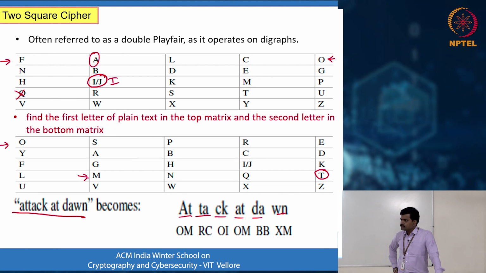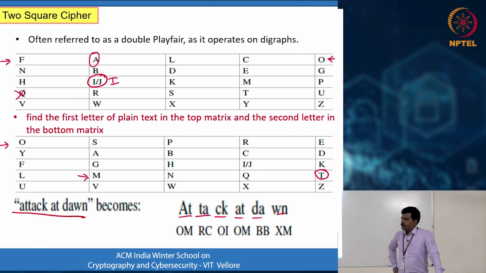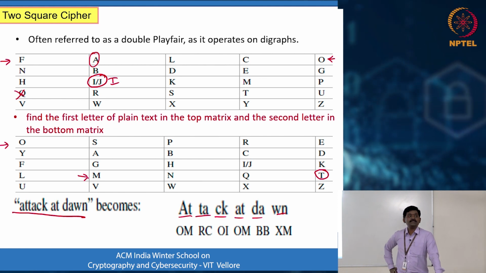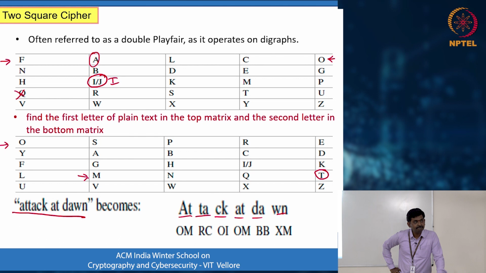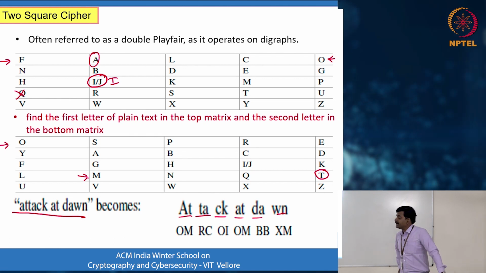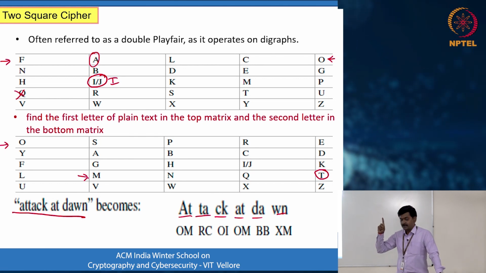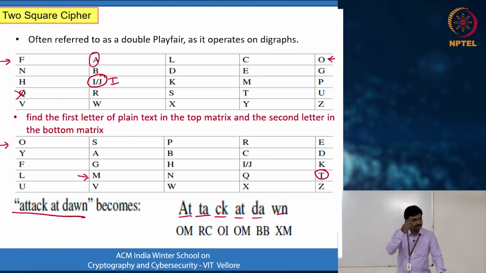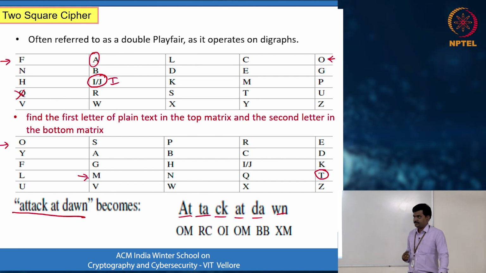You need to choose two matrices. For that purpose, how many keys are needed? Playfair is only one keyword. Two-square cipher, you need two keywords.